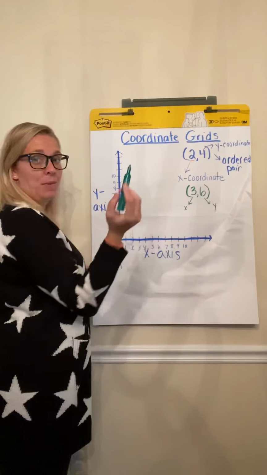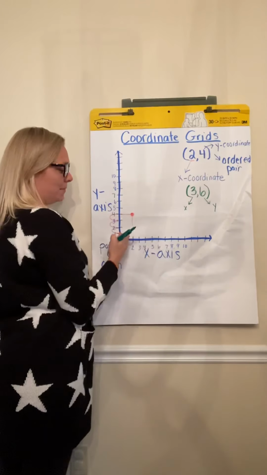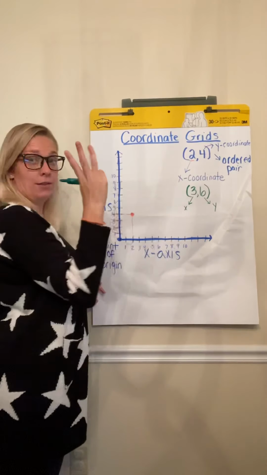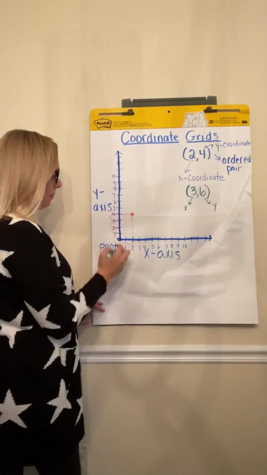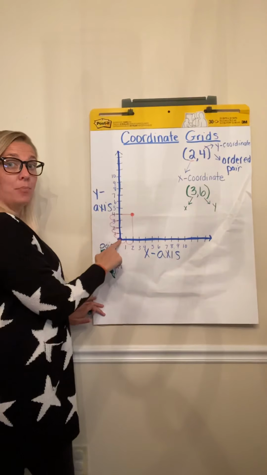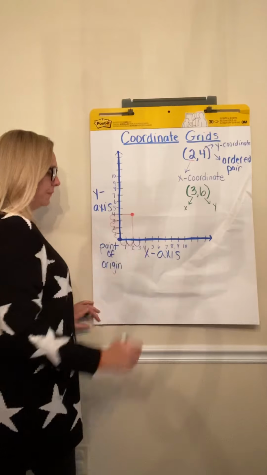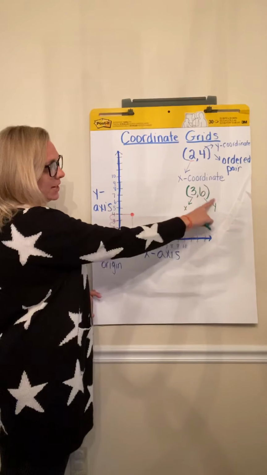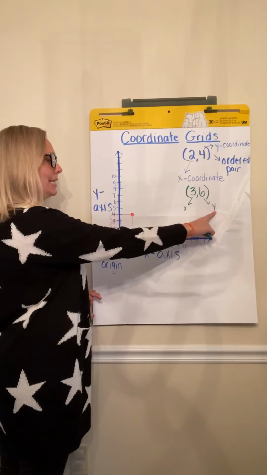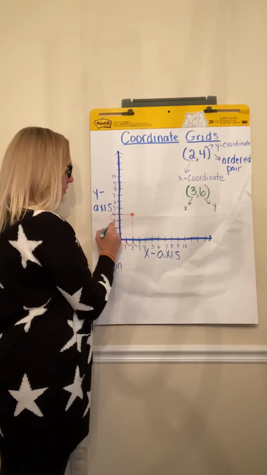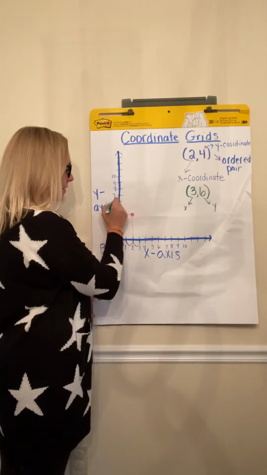So in this case, I'm going to be using a green marker so we can keep separate from the pink. I'm going to move on the X-axis 3 jumps, just like I would on a number line, always starting at that point of origin. 1, 2, 3. Then I'm going to move 6 jumps on my Y-axis, starting at the point of origin. 1, 2, 3, 4, 5, 6.